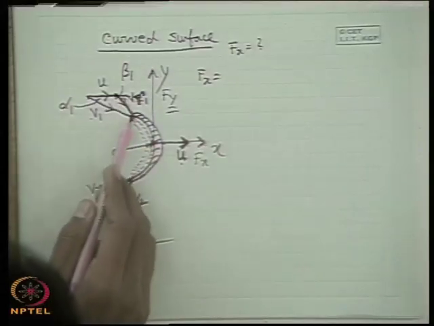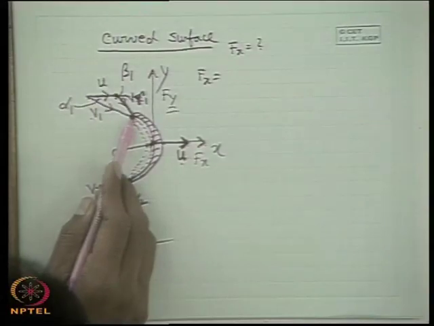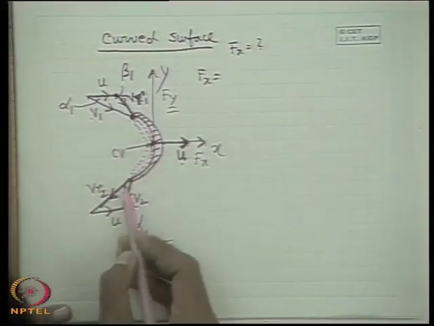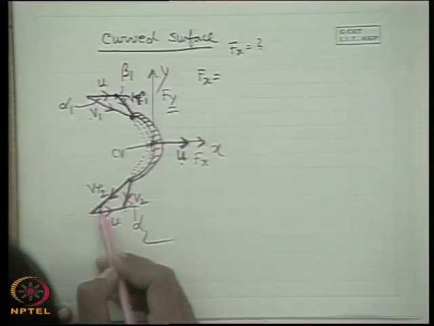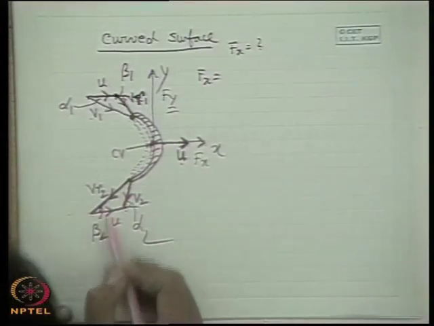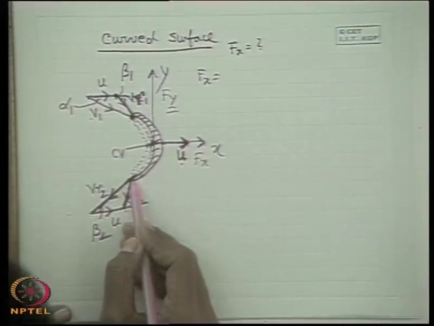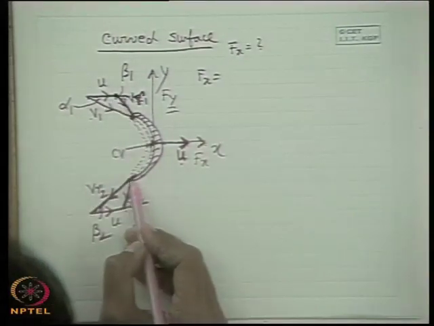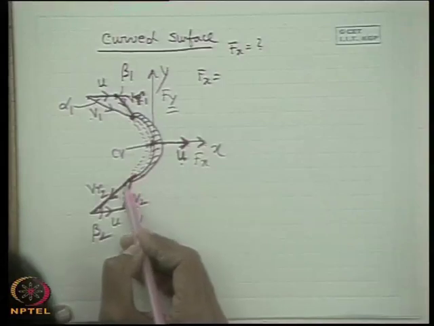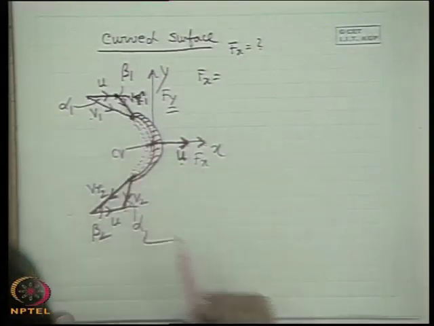And this relative velocity angle and the angle of the curved surface at this tip must coincide. Similarly, the angle of Vr2, beta 2, must be equal to the angle of the curved surface at this tip. That means the relative velocities at inlet and outlet should match the angle or direction of the curved surface at inlet and outlet.